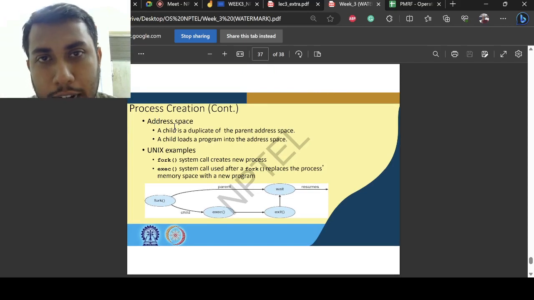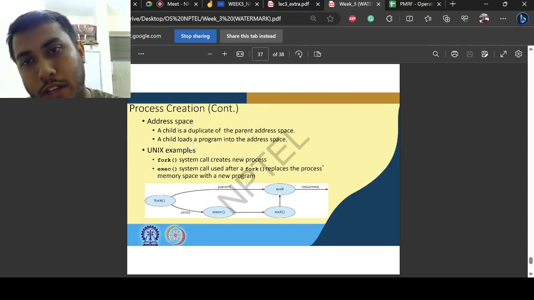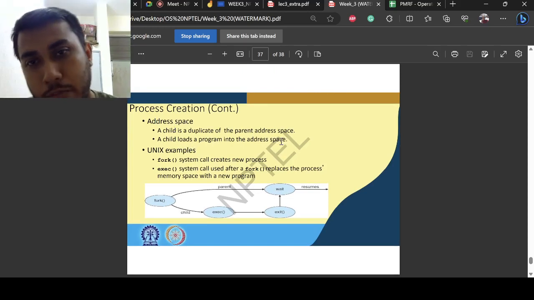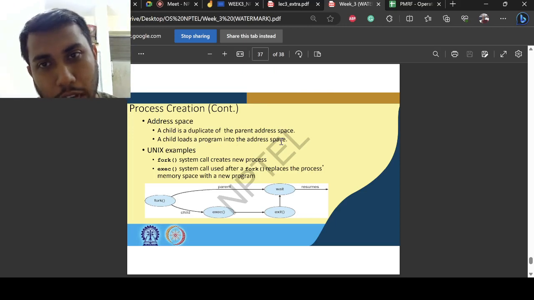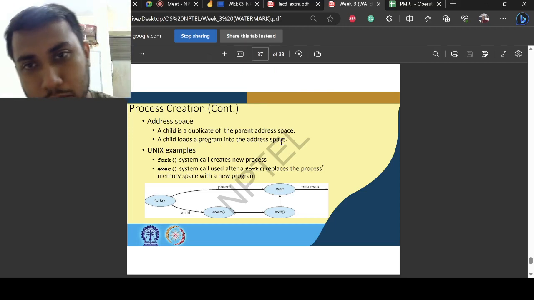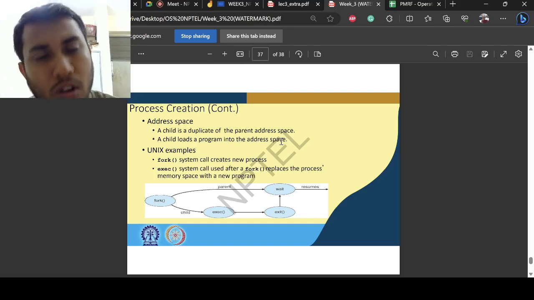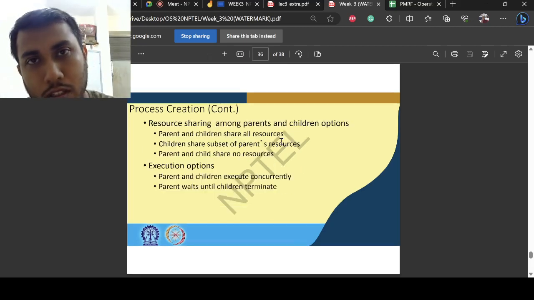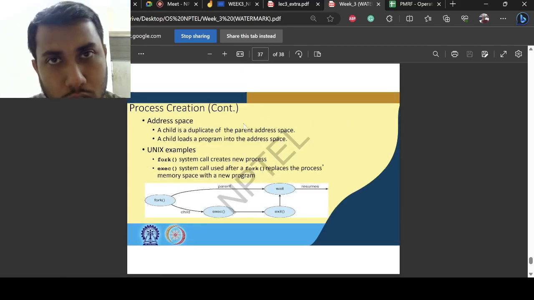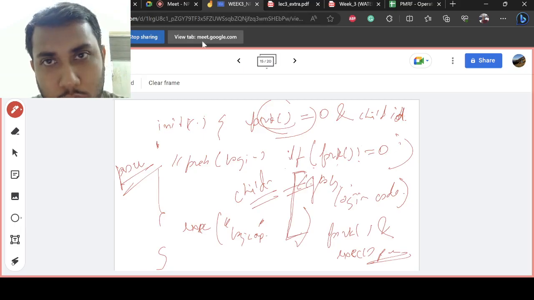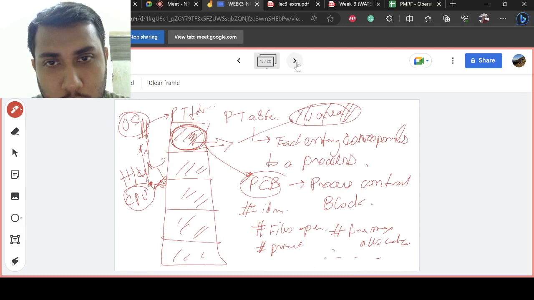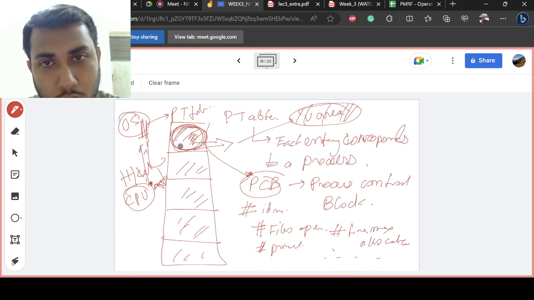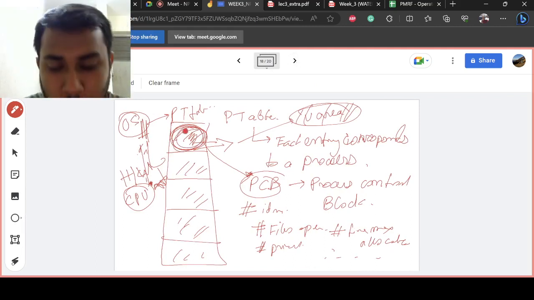So a child is a duplicate of the parent's address space. A child loads the program into the address space. Address space is basically its heap. No, not the heap, the PCB. So here is your PCB.